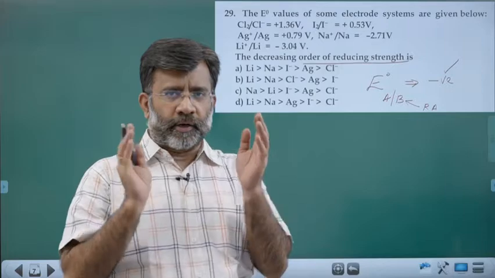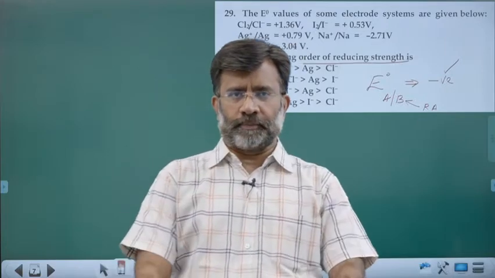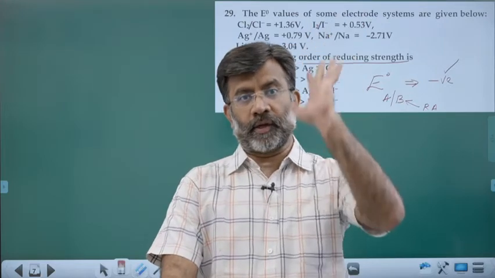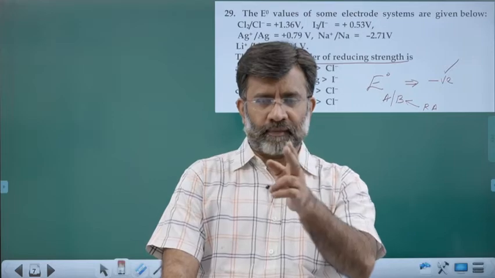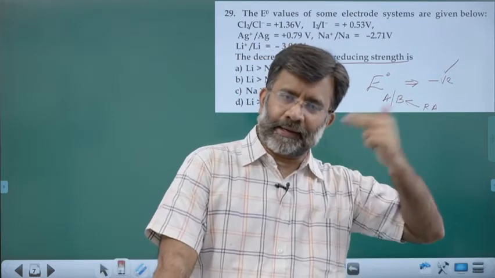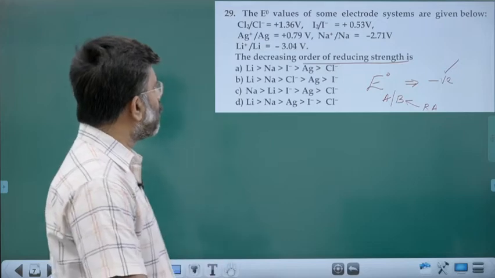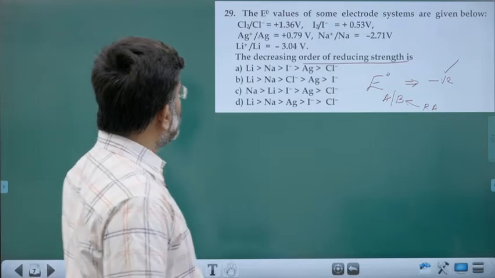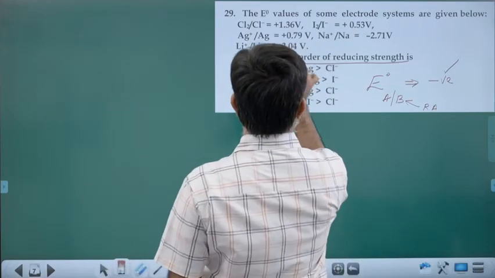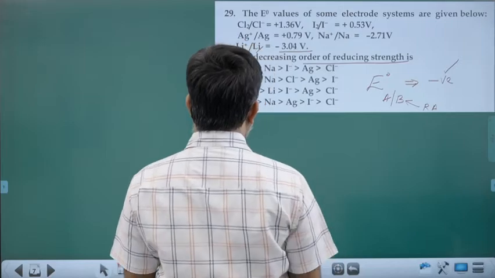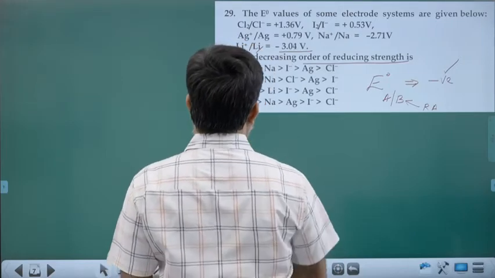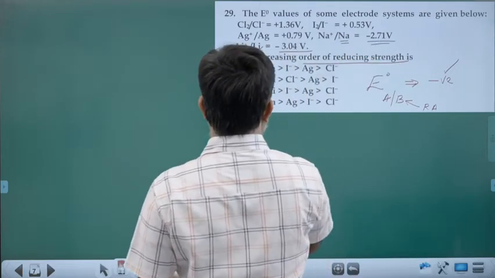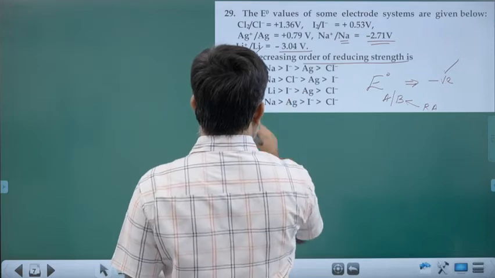If you want to check the reducing agent with reference to standard reduction potential, select the high negative value first, and your answer will be the species on the right hand side of that bar. Keep that in your mind. So how do you select? Reducing agent, high negative. This is high negative, so maximum is lithium. So this is out. Next high negative is sodium. Lithium, sodium.